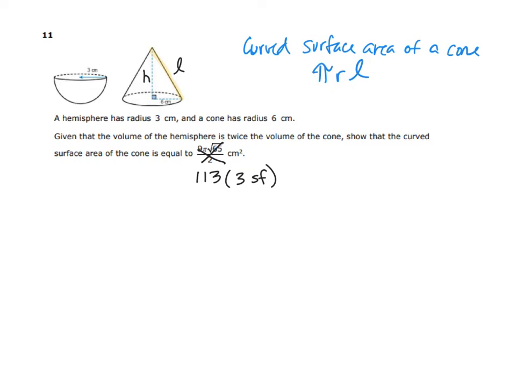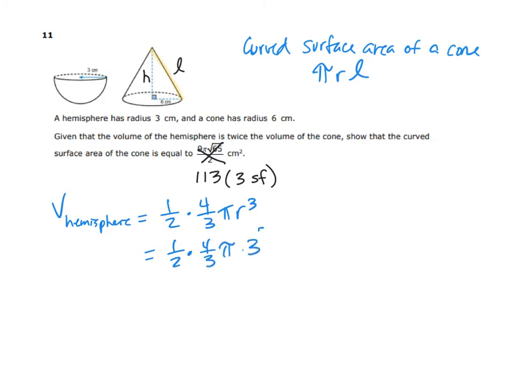To find the volume of a sphere or a hemisphere, all you need to know is the radius. So let's start with that. So the volume of a hemisphere, okay, is going to be 1/2 times, because I'm taking half of the volume of a whole sphere, so that's going to be 1/2 times 4/3 times pi r cubed. Or in this case, that would be 1/2 times 4/3 times pi times a radius of 3 cubed.